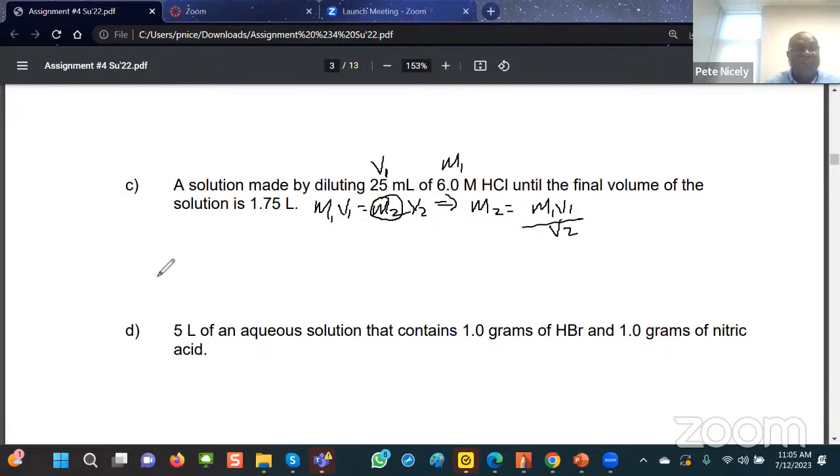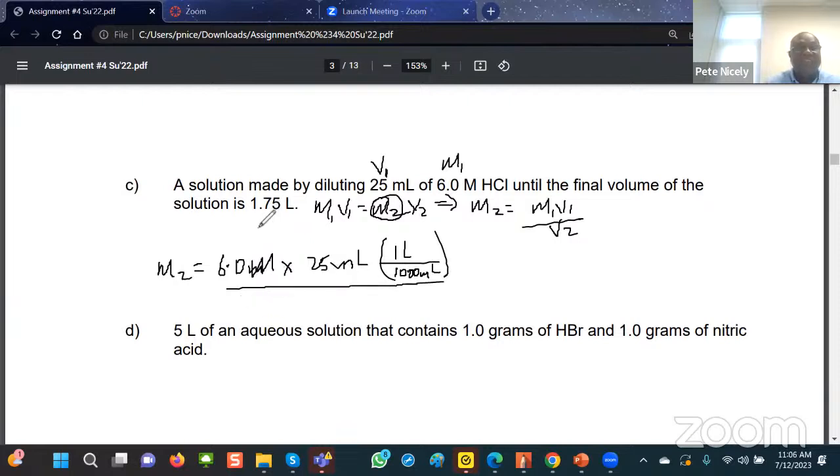So basically to find M2, we're going to need M1, which is 6.0 M, uppercase M, multiplied by the 25 mils. And as you correctly said, you need to convert that to liters. So you would multiply this by 1 liter over 1,000 mils. All right. And then you divide that by V2, which is the 1.75 mils.